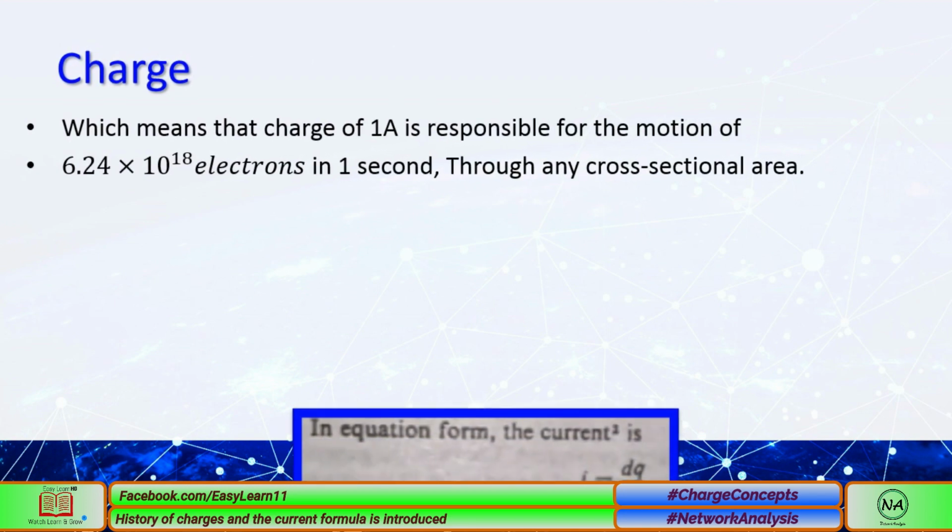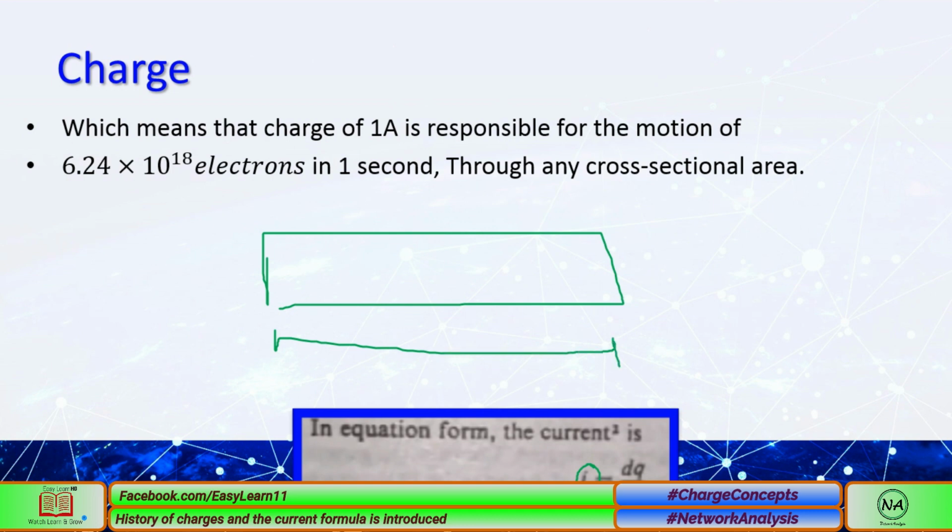According to this definition, if this is a cross-sectional area, in 1 second, dq over dt means that the current will be 1 ampere if in the cross-sectional area there are 6.24 into 10 raised to power 18 electrons. These are the number of electrons we discussed in the previous slide.